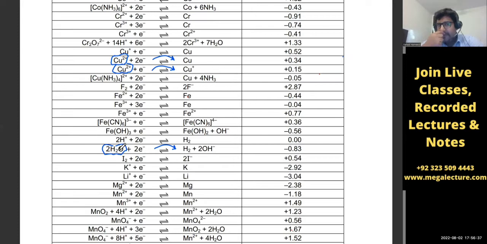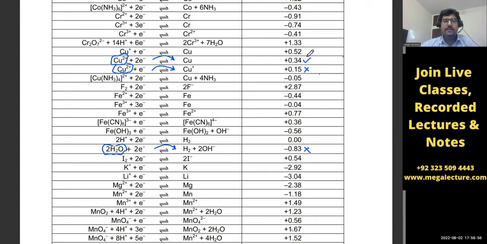And who ends up gaining electrons? The one that has the higher E naught. So who's got the highest E naught over here? You've got 0.34, so 0.34 I think is the highest E naught. This is 0.15, this is minus 0.83, right?